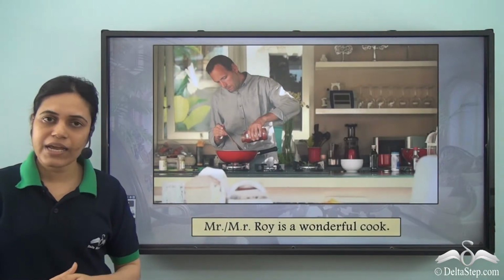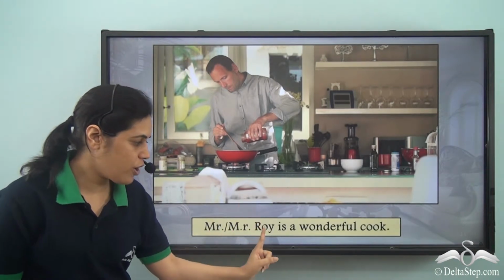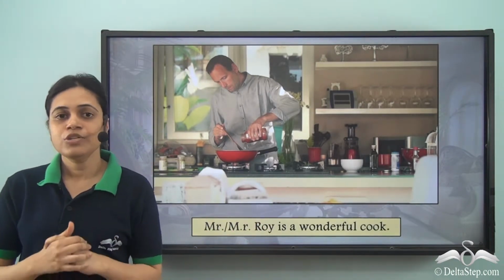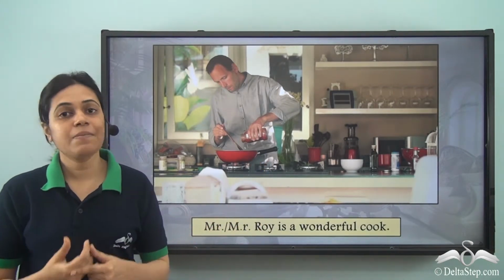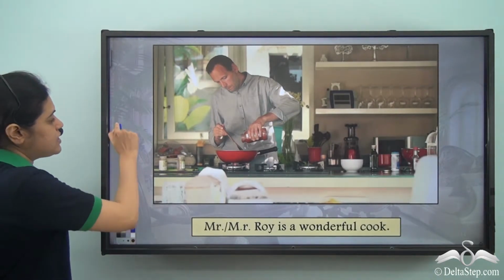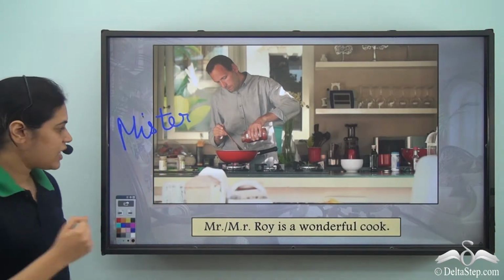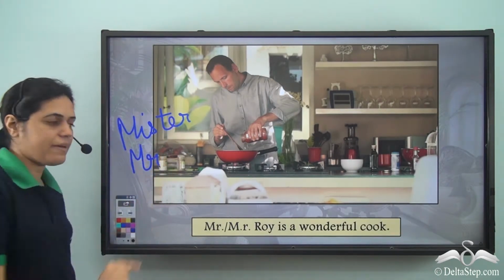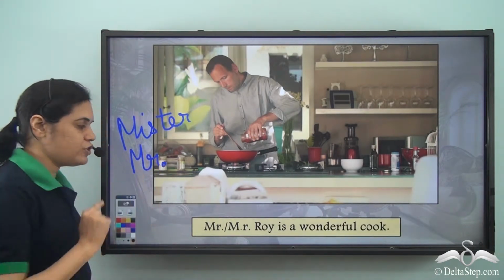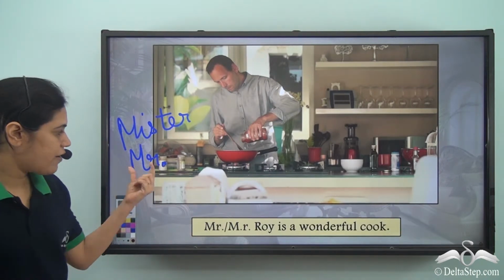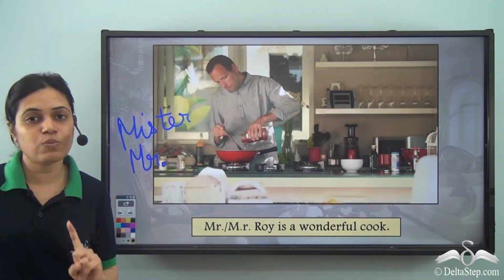Now which of these is correct? MR dot or M dot R dot Roy is a wonderful cook. So over here, I want to address this person Roy as Mr. And I know the short form of Mr. is MR. And for these short forms, we use a full stop after R. So after the second letter, I use a full stop because Mr. is just one word.